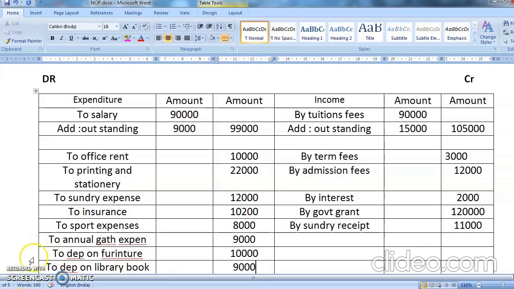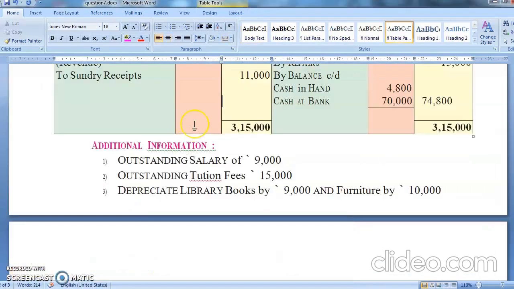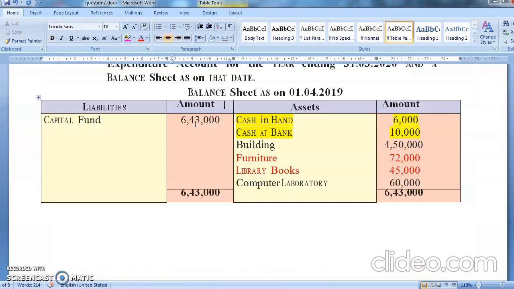Okay, students. So by this we have completed all the formalities of the question. See, all three adjustments are over and we have done the receipt.